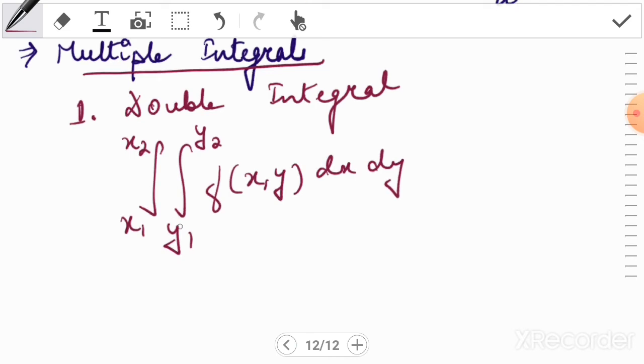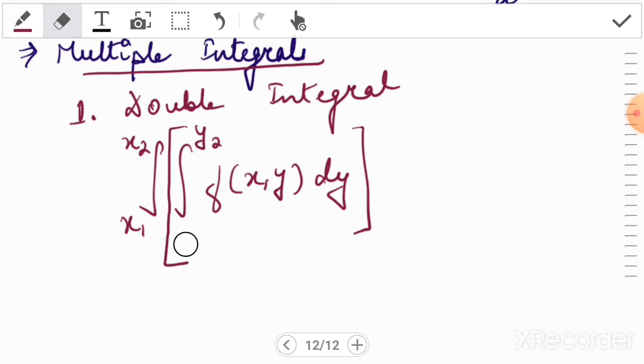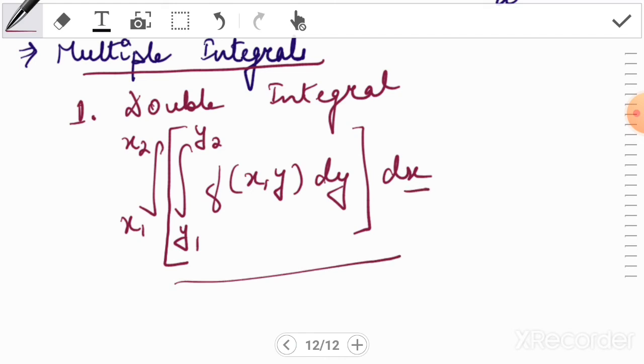So when y1 and y2 are functions of x and x1 and x2 are constants, then f(x,y) is first integrated with respect to y. Let me show you. Okay, keeping x fixed between limits y1, y2, and then the resulting expression is integrated with respect to x within the limits x1 and x2.